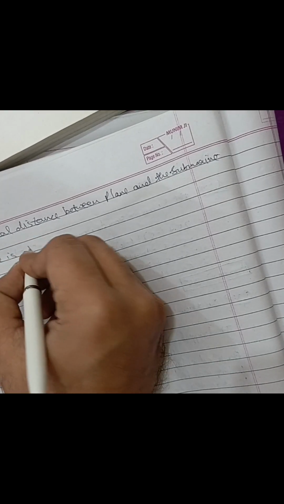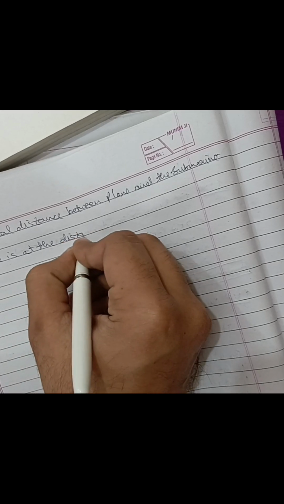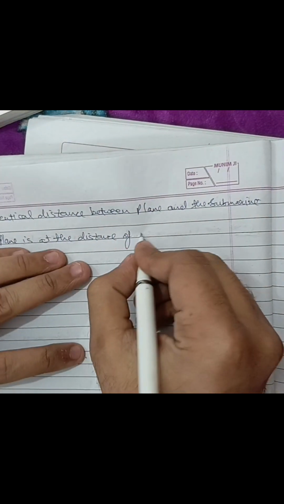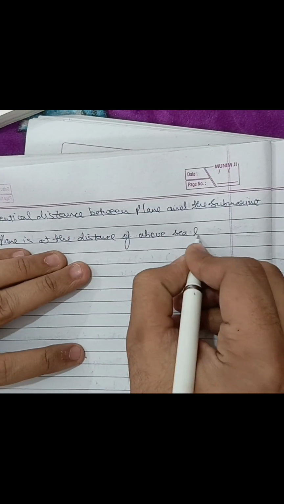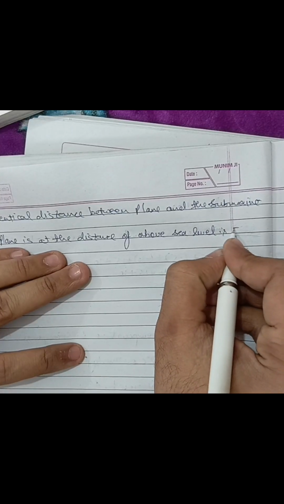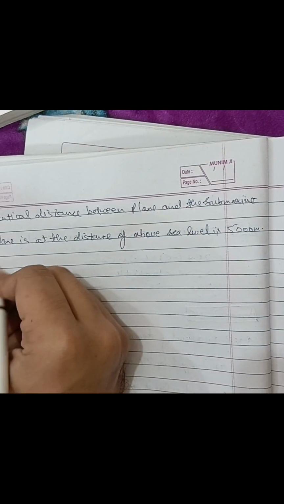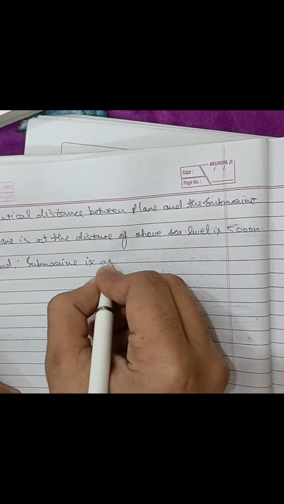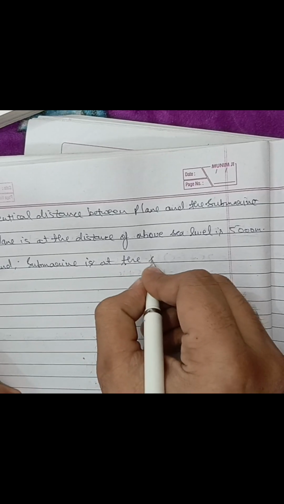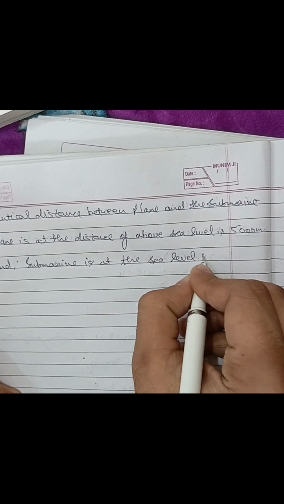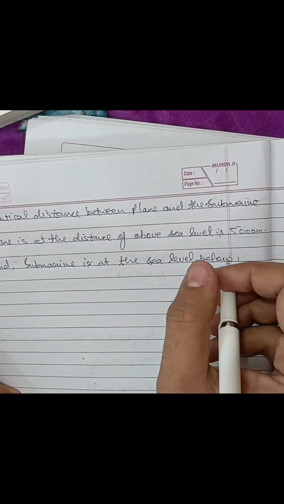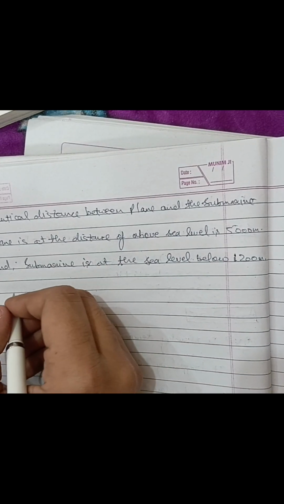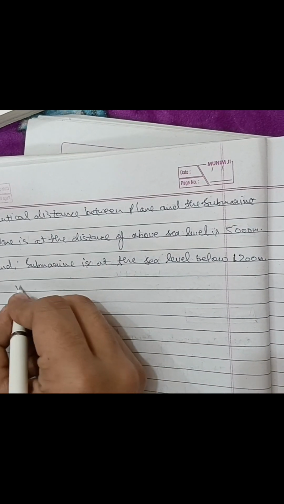The plane is at a distance above sea level of 5,000 meters and the submarine is at the vertical distance.